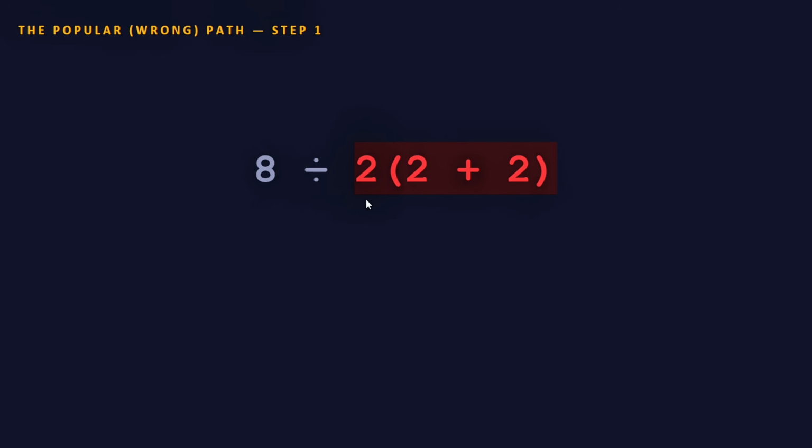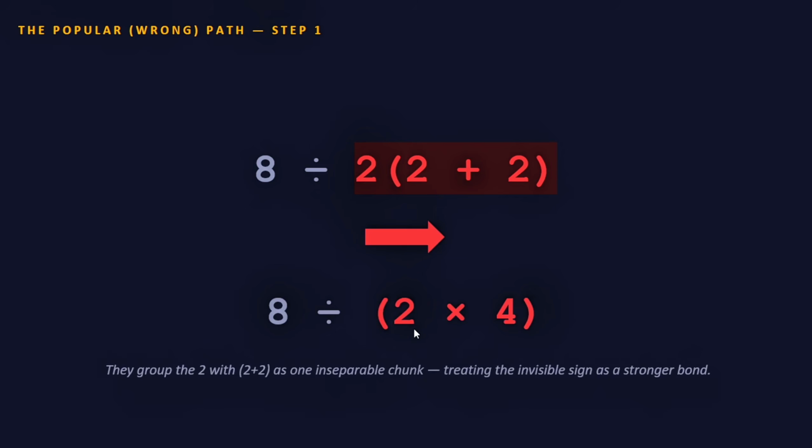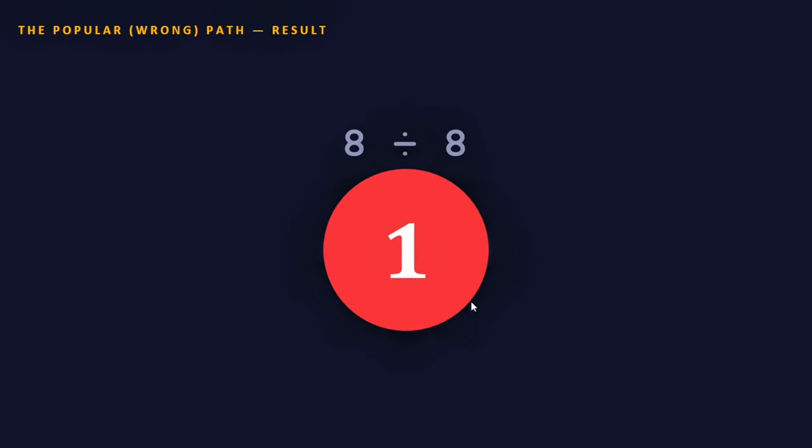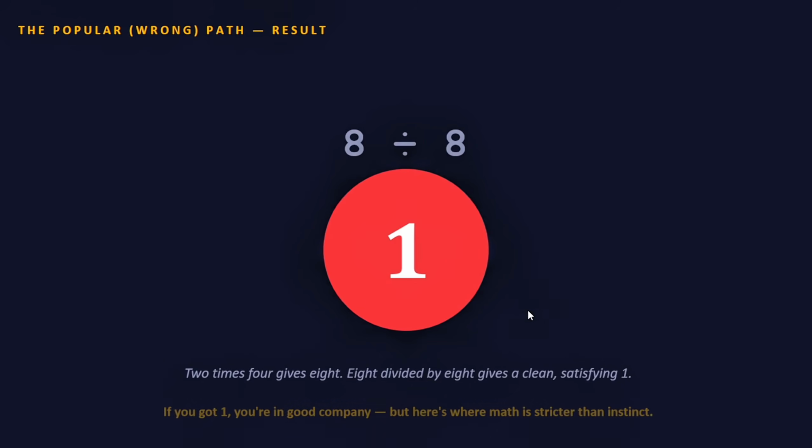In their mind, the problem becomes 8 divided by the quantity of 2 times 4. 2 times 4 gives you 8. And 8 divided by 8, that gives you a clean, simple, totally satisfying answer of 1. If you got 1, you're in good company, and you followed an instinct that feels mathematically sound.